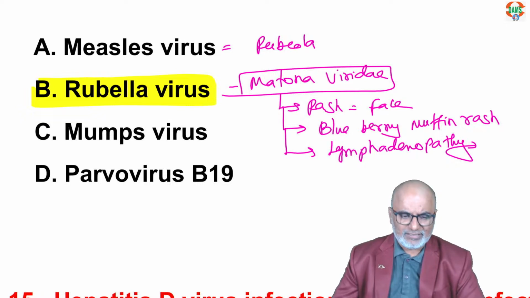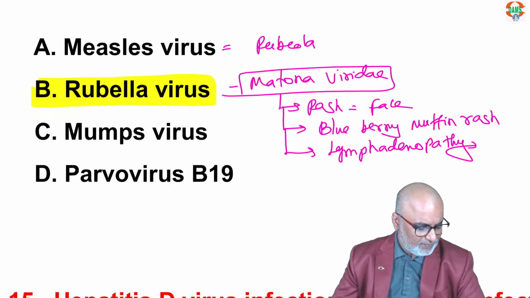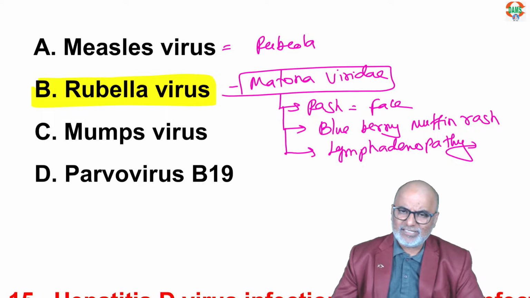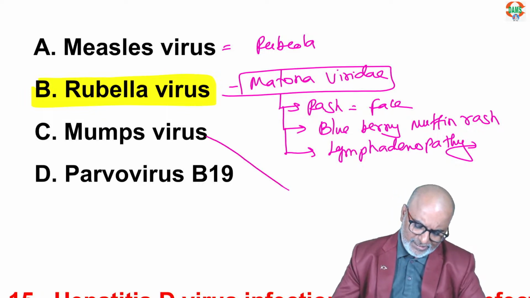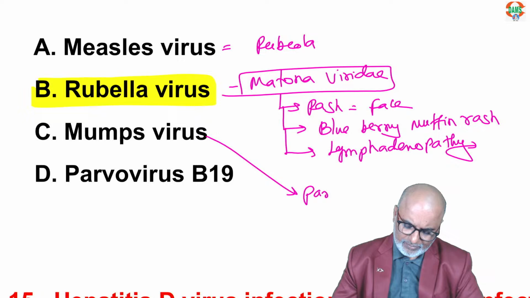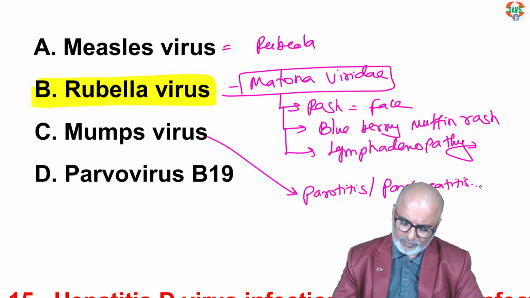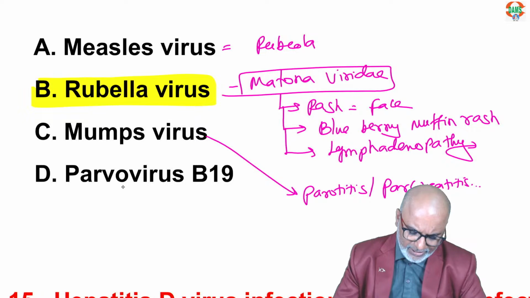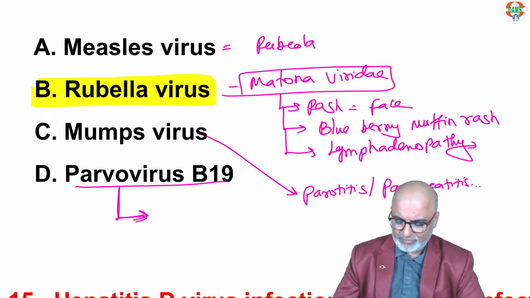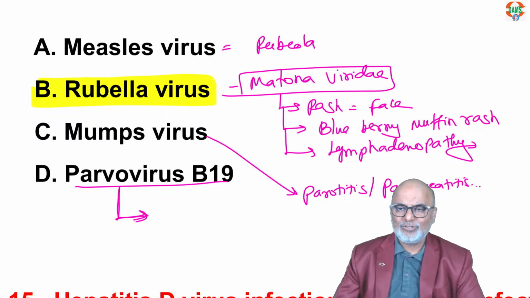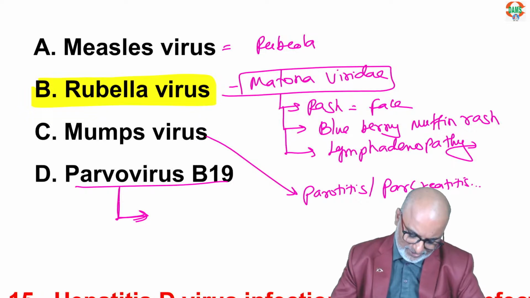Mumps virus causes mumps, parotitis, pancreatitis. Parvovirus B19 also produces a rash, but with a slapped cheek appearance.